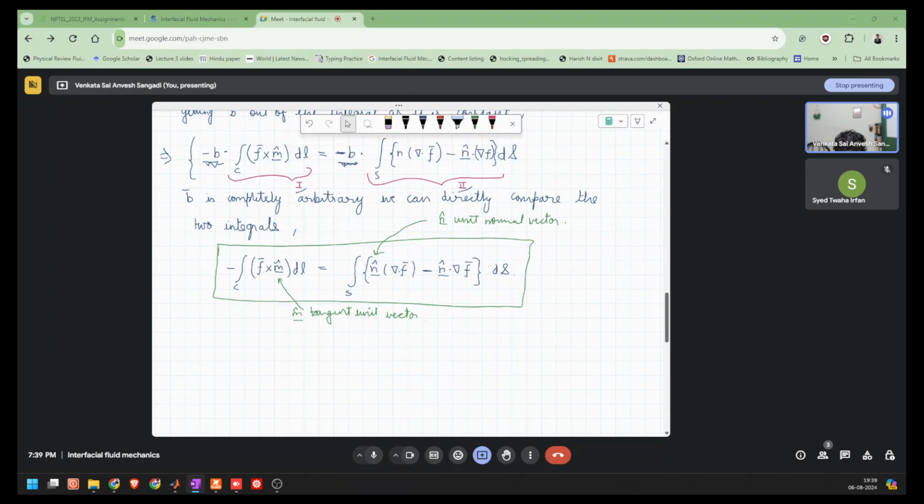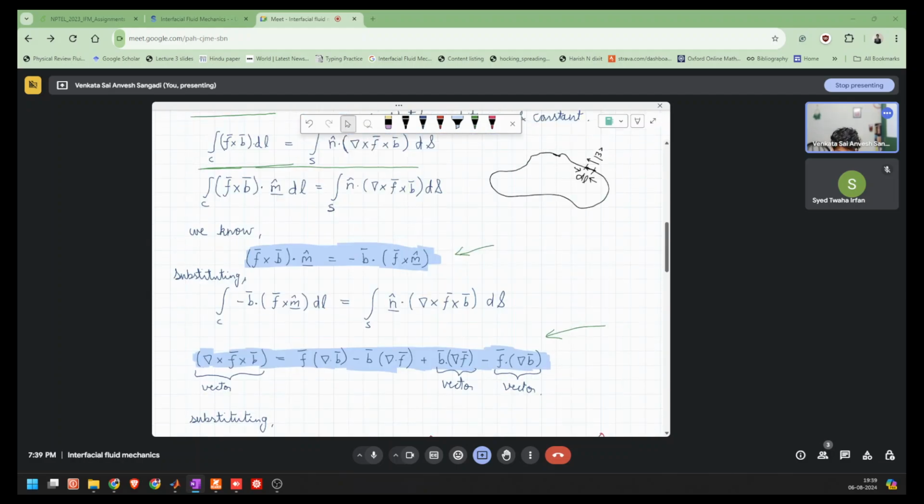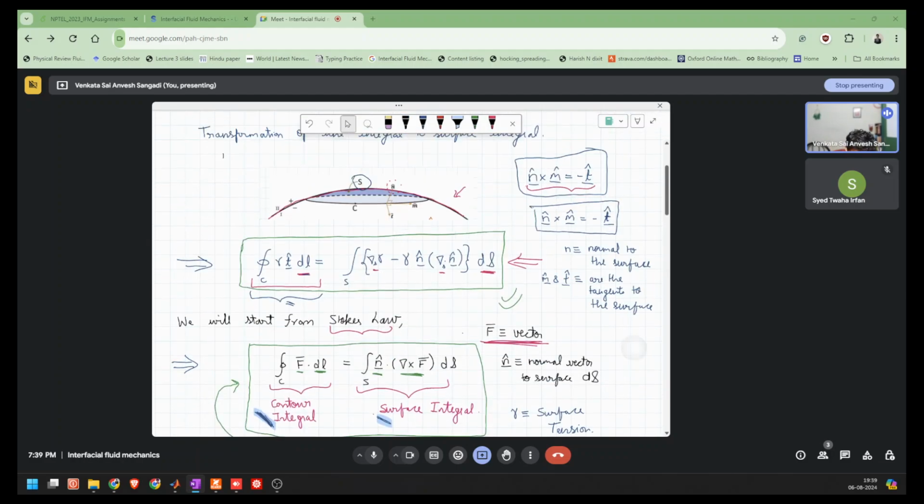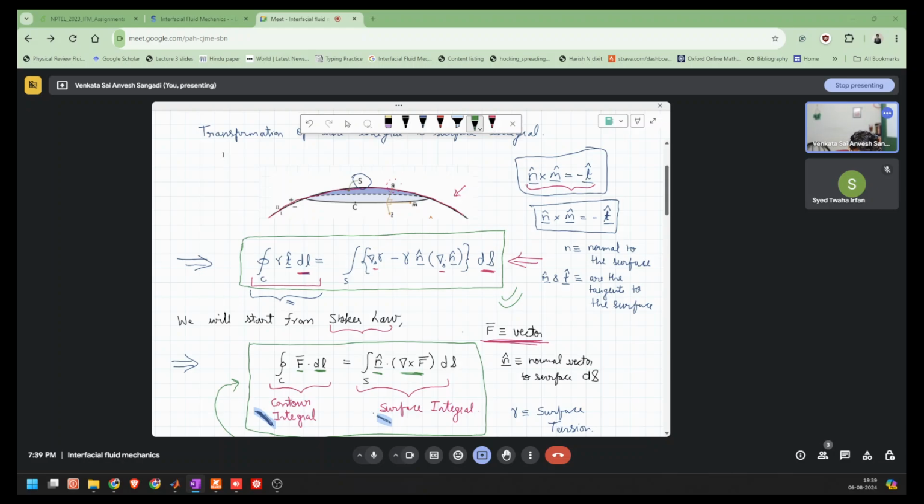So we get this form, and if you remember, or maybe if you don't remember, in the class it's already established that n cross m is equal to the negative of the tangent vector.